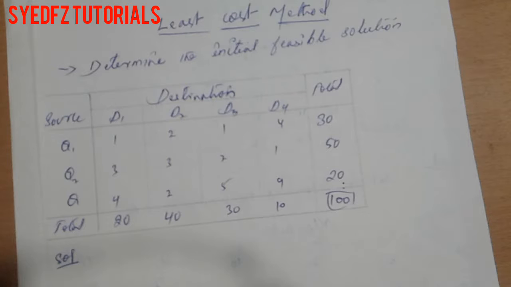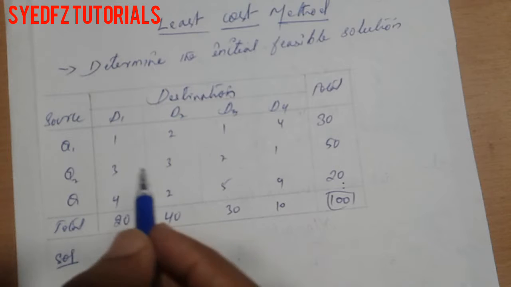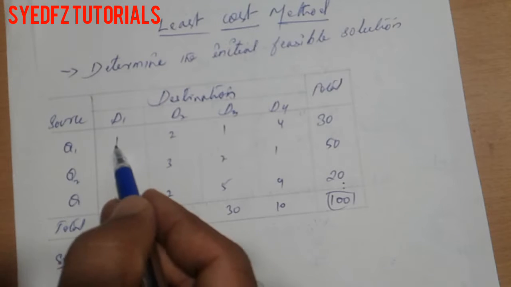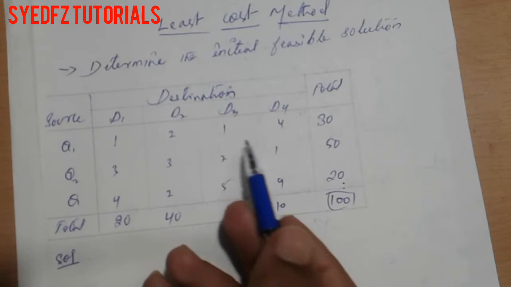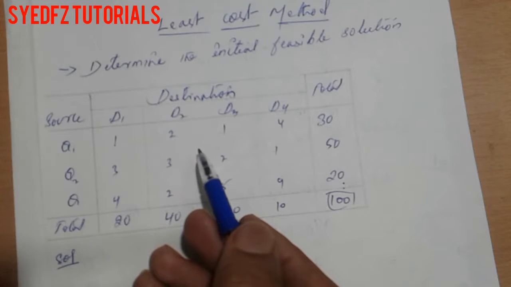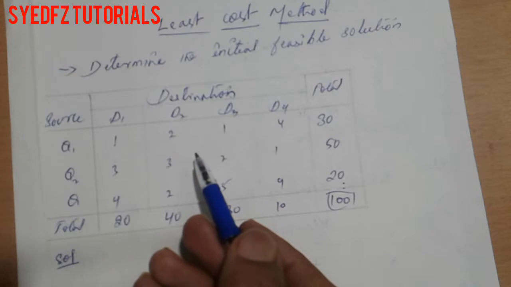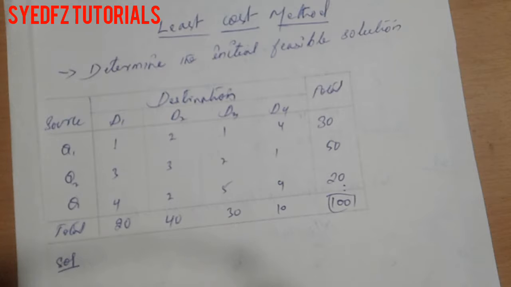First we allocate to the destination with the lowest unit cost. Check which is the lowest. 1, 2, 3: there are three 1s, all three are lowest. So it is a tie here.